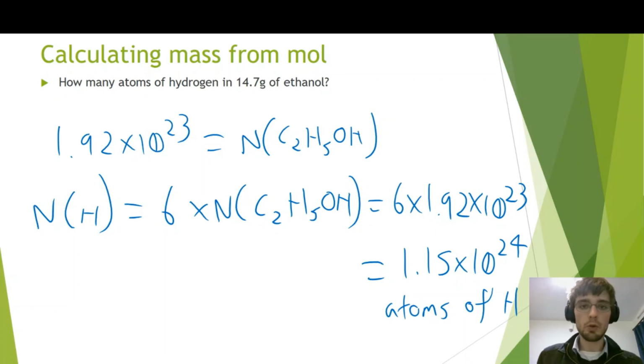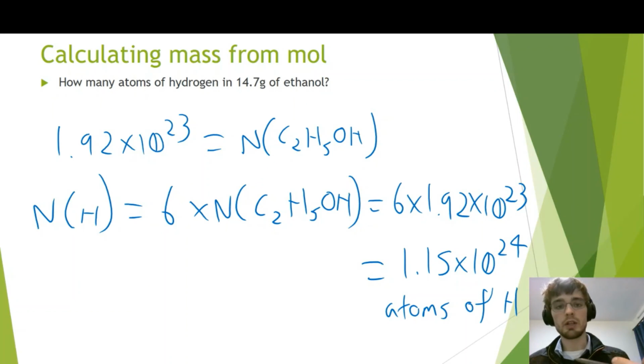Alright, so hopefully all of that made sense. I've covered a couple of different permutations of the problem, but again, a lot of these equations you're going to find questions will require you to use more than one at the same time. So, for example, if you were given a certain number of carbon atoms in hexane, what would be the mass of that?